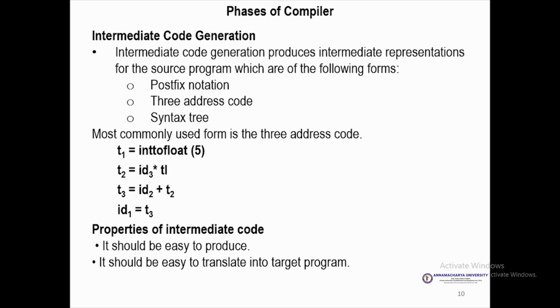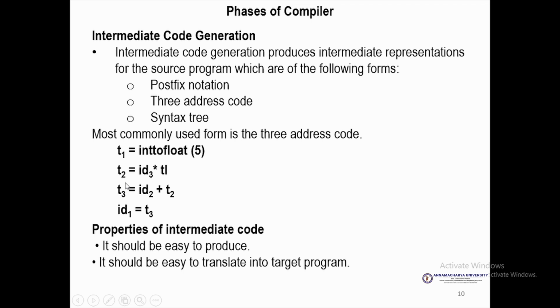Here one example is given in this discussion: the three address code representation for the given expression, t1 equal to int to float. 5 is an integer number, but it is to be converted into a floating point number by this particular statement.